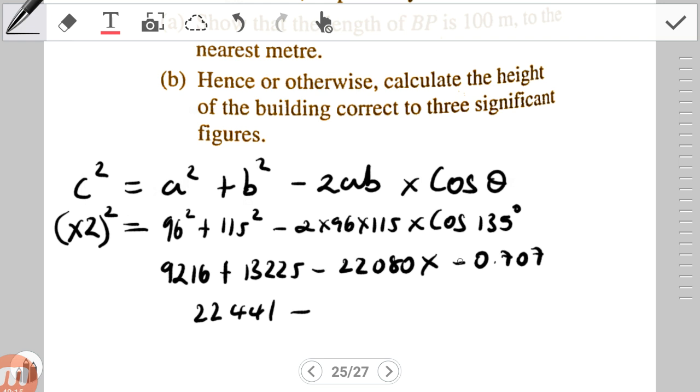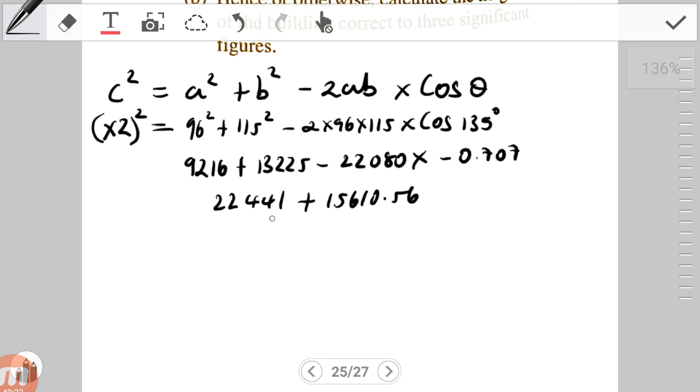We know that negative times negative is a positive, so that's 15,610.56. And if we add those two together, 22,441 and 15,610.56, we get a total value of 38,051.56. So that's xz squared.